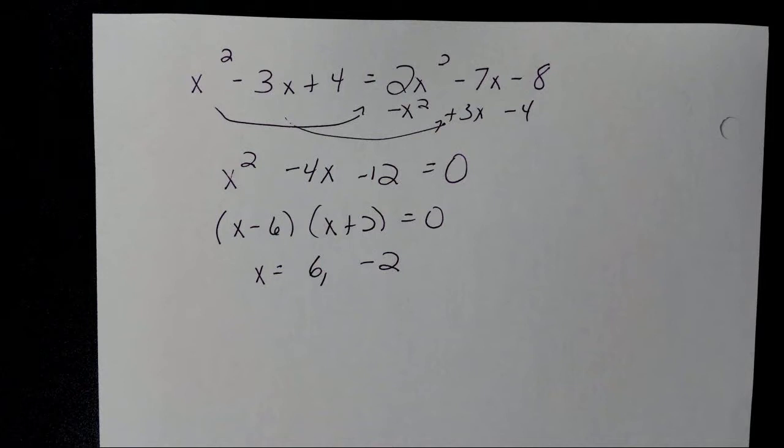If I plug them in, should they both check? And if they don't check, is it because they're extraneous or because I made a mistake? What's the domain? All real numbers. So if they don't check, it's your mistake. It's not because they are extraneous. Okay? All right.